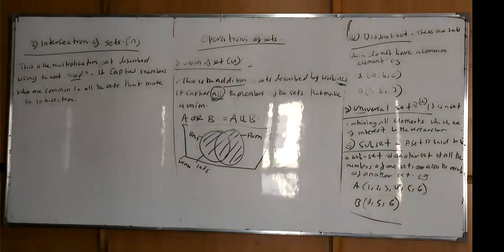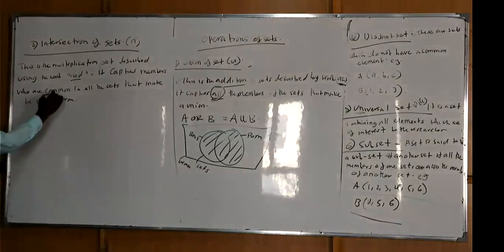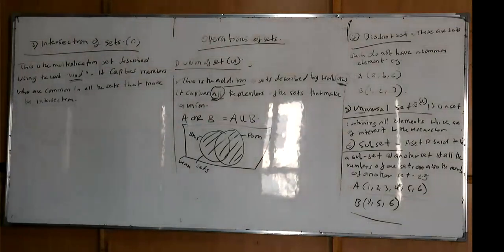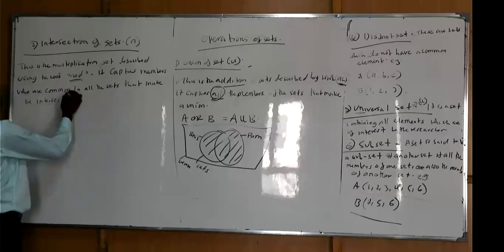With an intersection of sets, this is the multiplication of sets, described using the word and. It captures the members who are common in all.